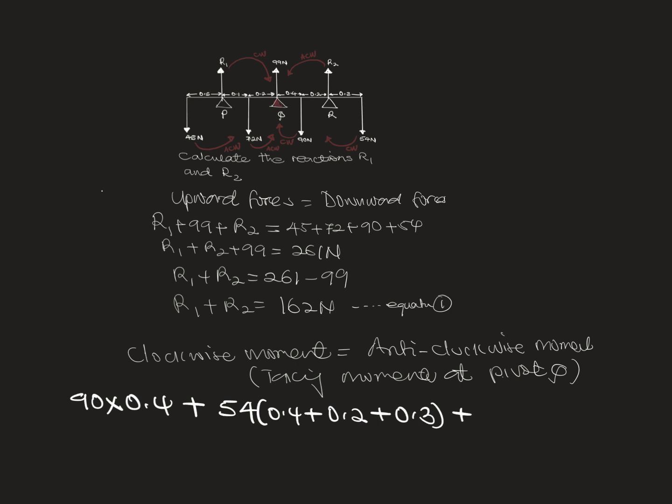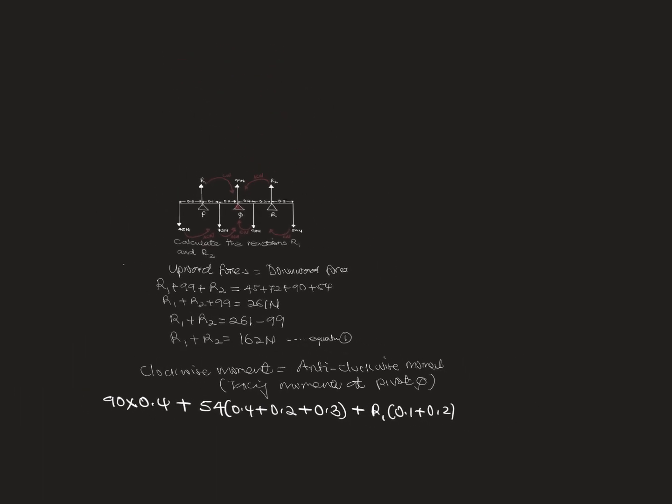R1 is also going to act clockwise, and the perpendicular distance from pivot Q is just 0.1 plus 0.2. So that will be R1 into 0.1 plus 0.2.